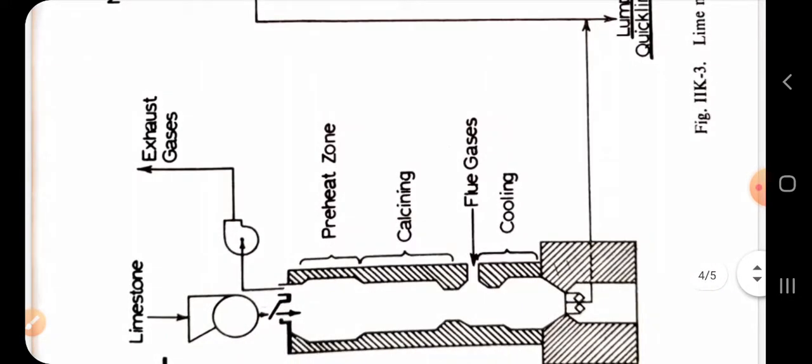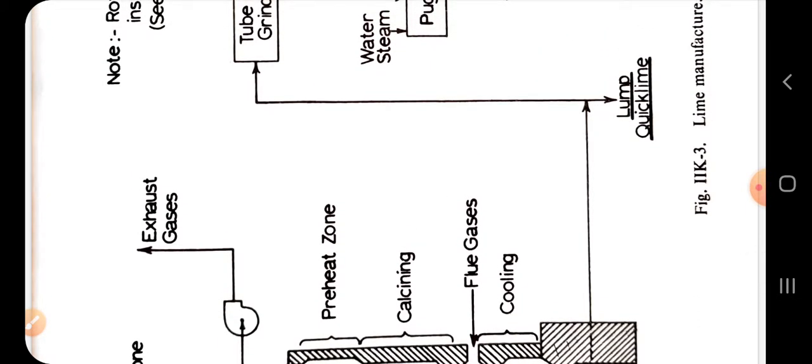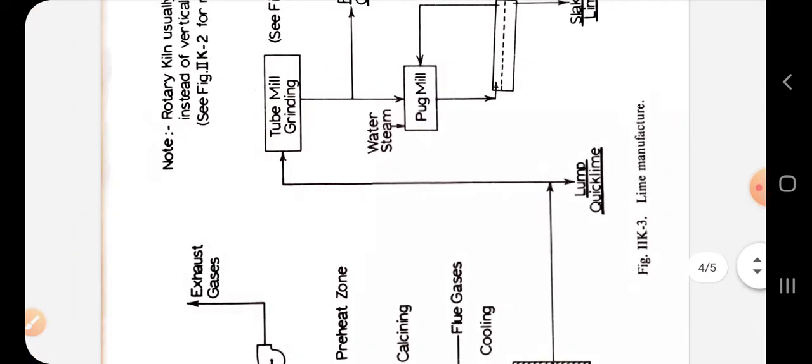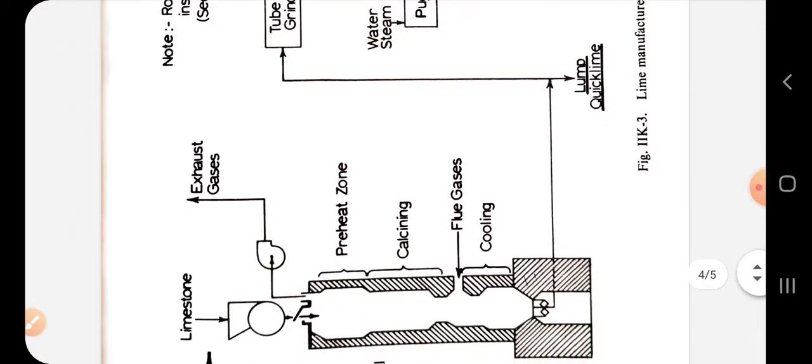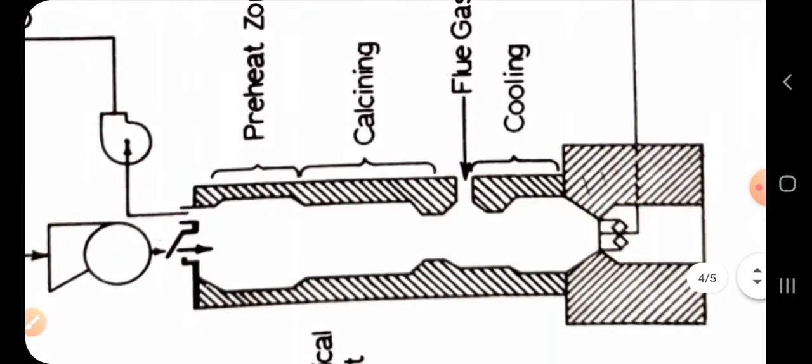Then further the lime lump moves to the cooling section, where heat exchange occurs between secondary air and hot lime particles, which is this last cooling section.